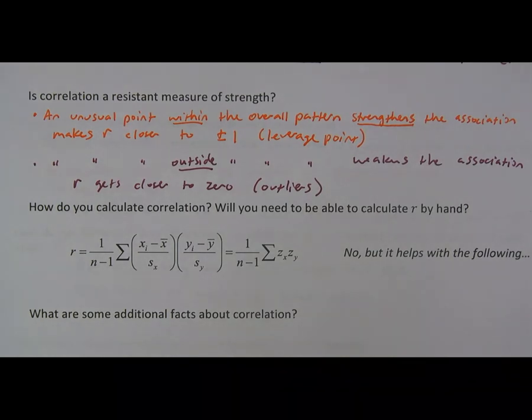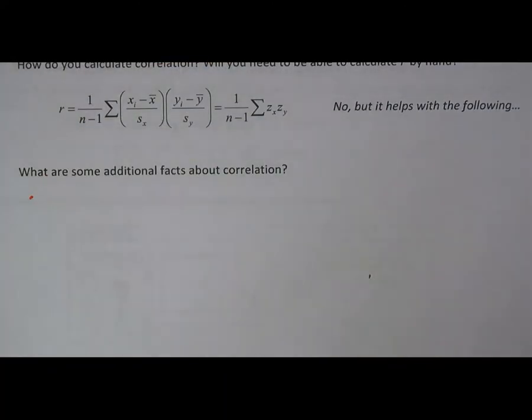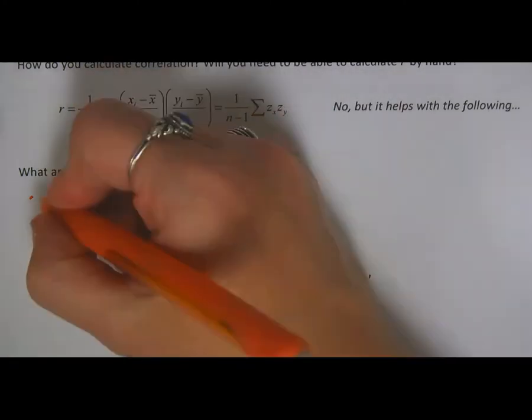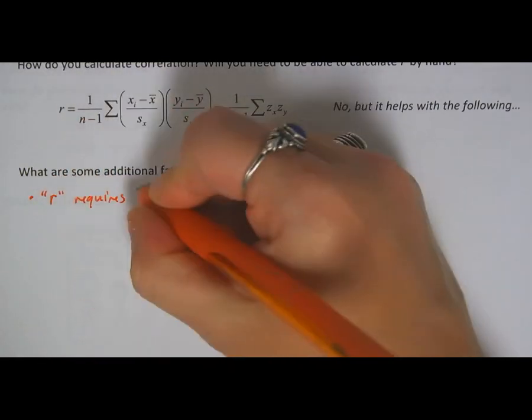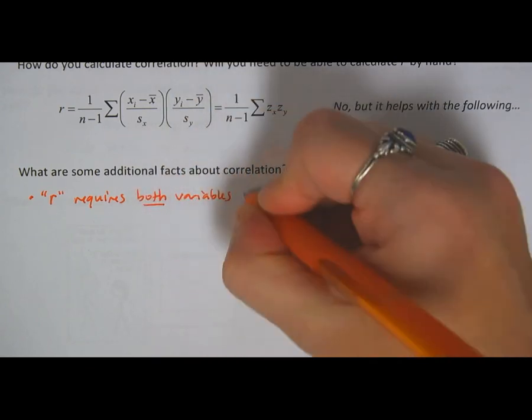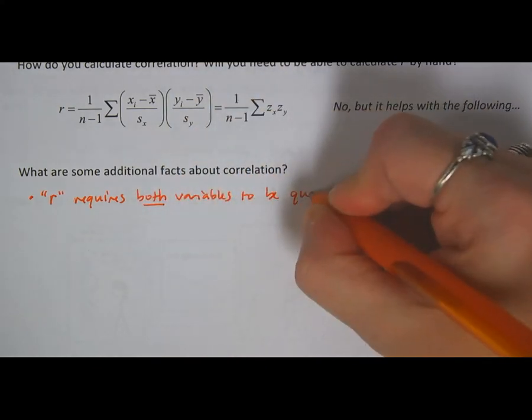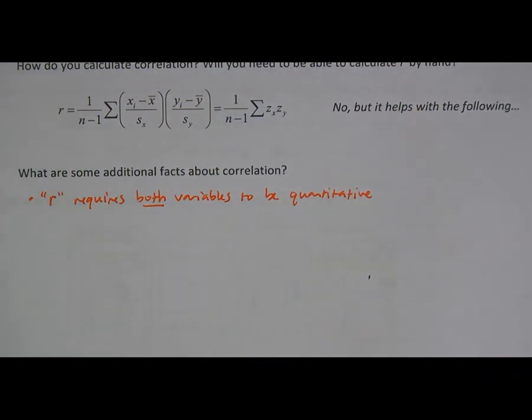But there are some additional facts I want you to know about R. There's 4 of them, and then we're done with the notes. R requires both variables to be quantitative. I saw another AP teacher post a question the other day.